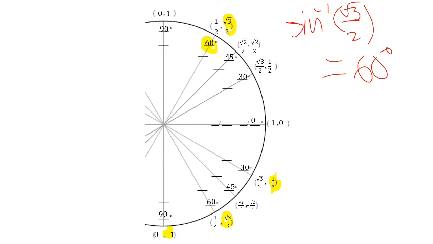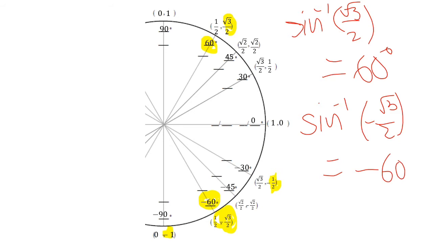Now if I happen to get a negative input, so if I do arcsine of -√3/2, I'm going to instead go down to the bottom of the unit circle where I have my negative coordinate, and my answer will be -60. So it's the exact same answer except negative. And by having this unit circle filled out, you basically have a cheat sheet as to what arcsine of those common values are. Anything outside of these common values you can go ahead and use a calculator.